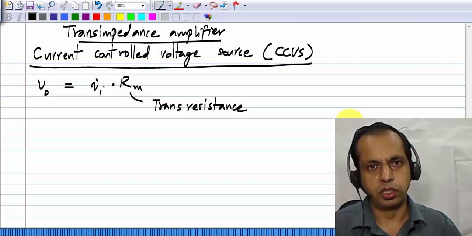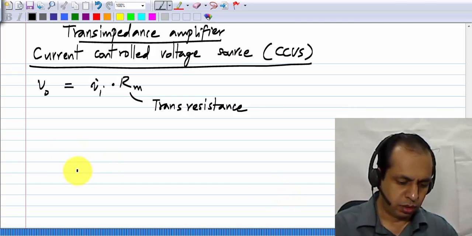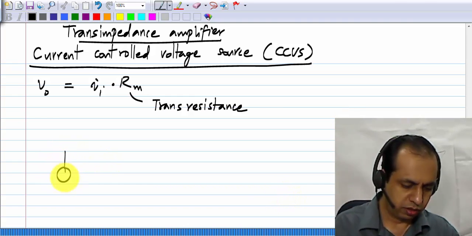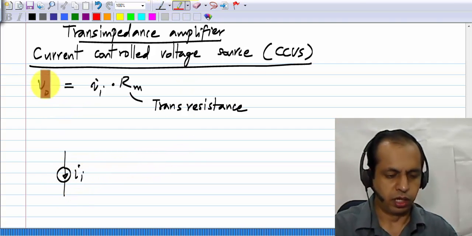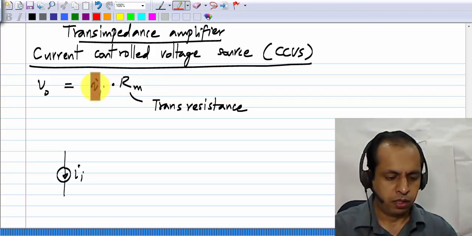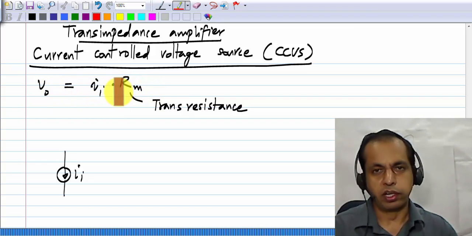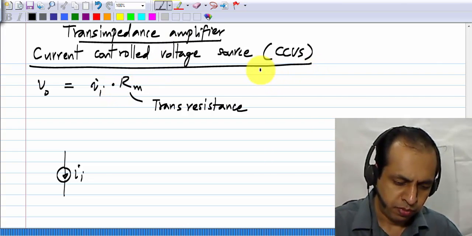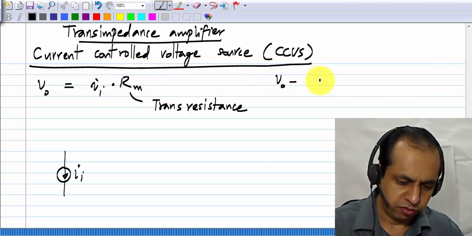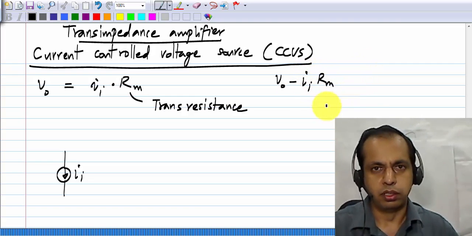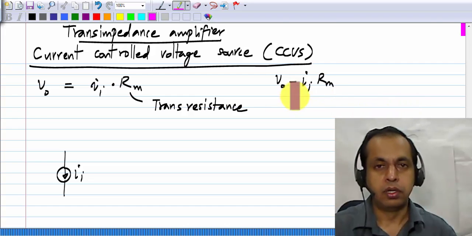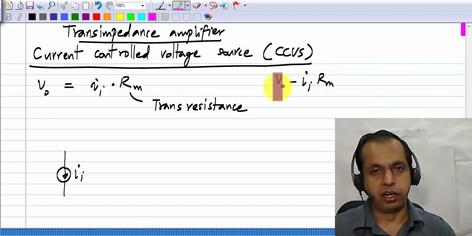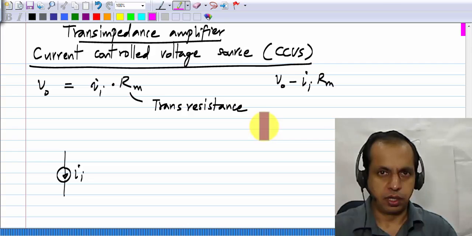So how do we go about realizing this? We have an input current II, right? And what is it that we need to do? We have to realize this relationship using negative feedback. So that means that we can think of V0 minus IIRM, or the negative of this, as the error between desired and actual outputs. Okay.